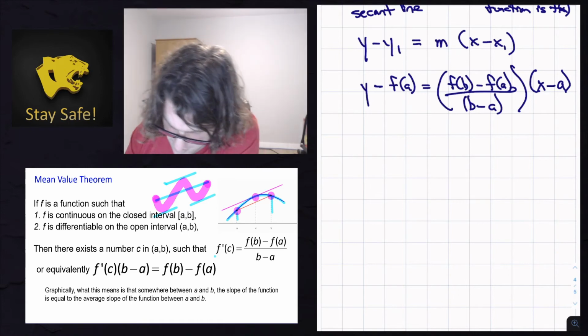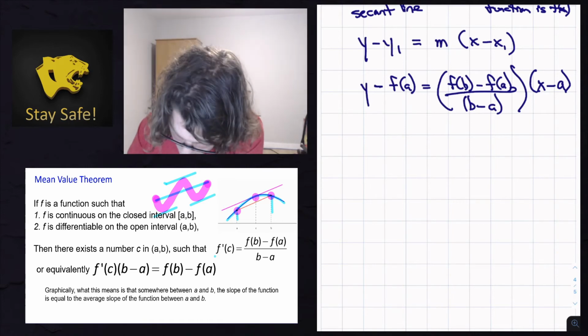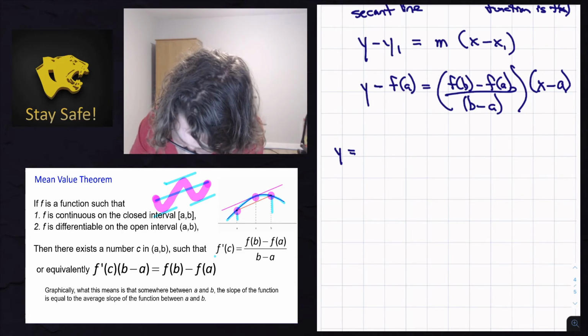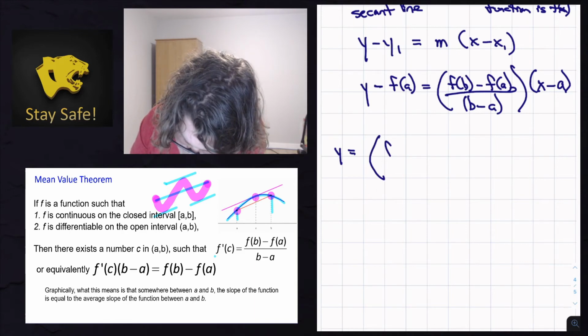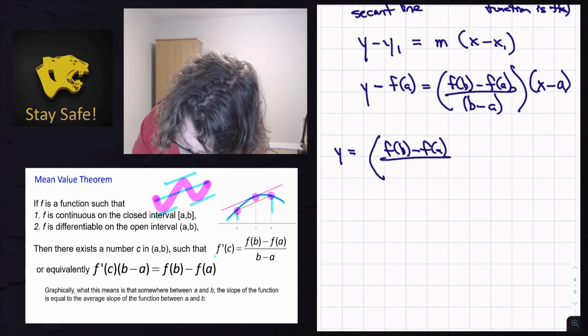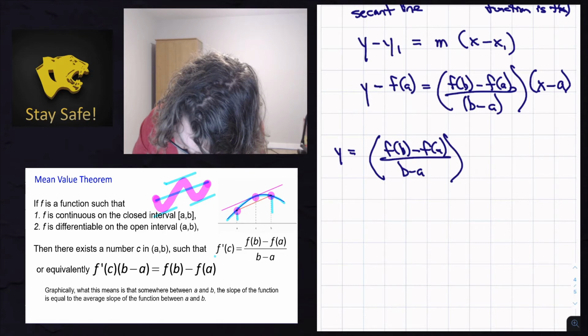So I have then that this y function is just going to be equal to f of b minus f at a over b minus a, times x minus a, plus f at a.